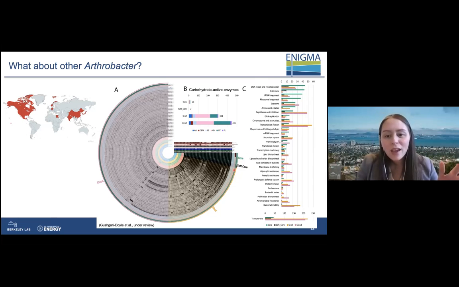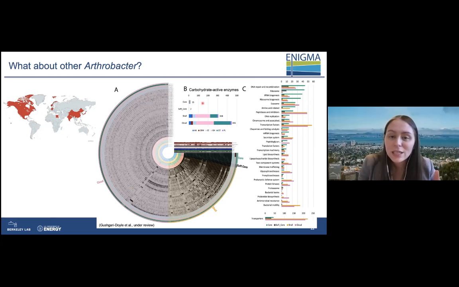And then the shell and cloud was a lot of genes that are what I like to call sort of for adaptation to your environment. They were carbon transformation enzymes.